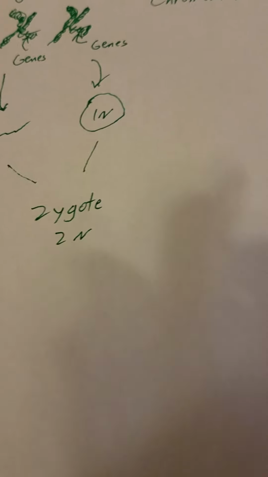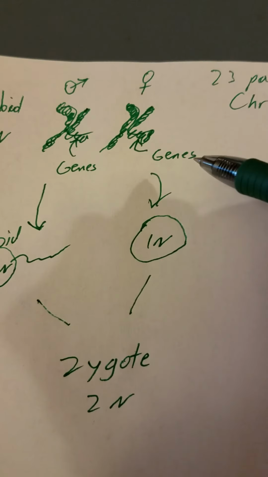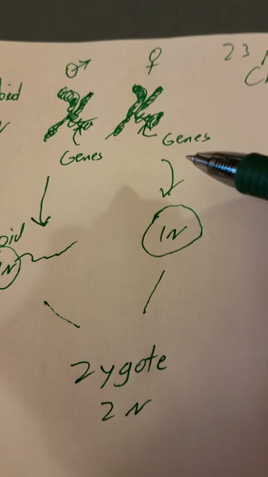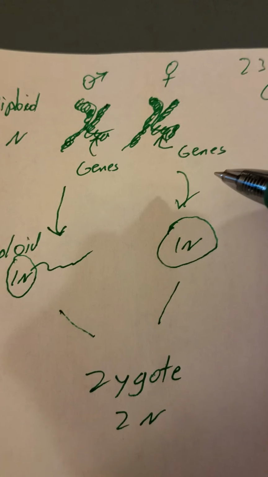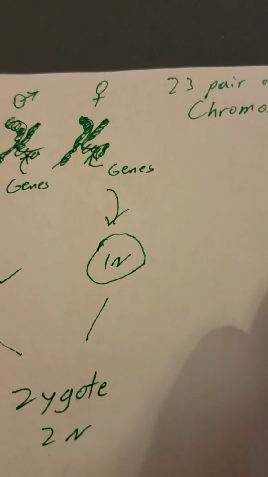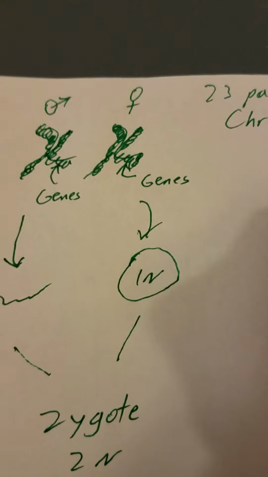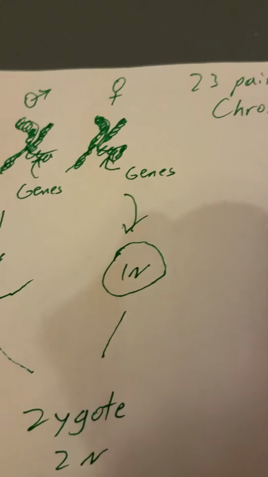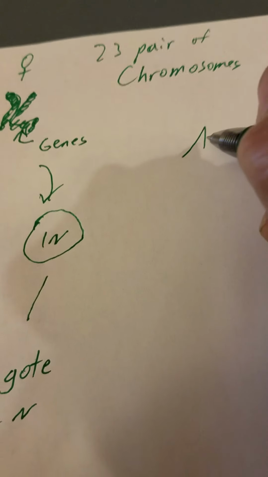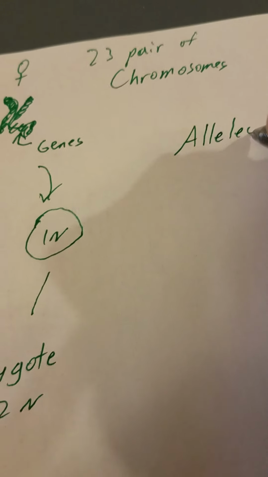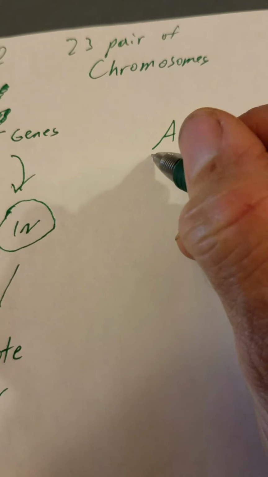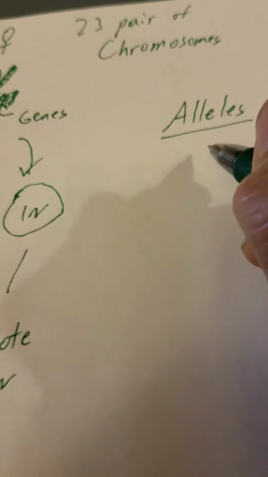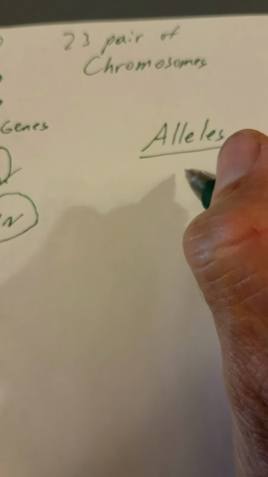Now, let's say these genes, even though they're coding for the same trait, there might be different variations of them. Let's look at hair as an example. The different variations of a gene are called alleles. And for simplicity's sake, we're going to say that the dominant allele, which we'll write as a big H, codes for straight hair.